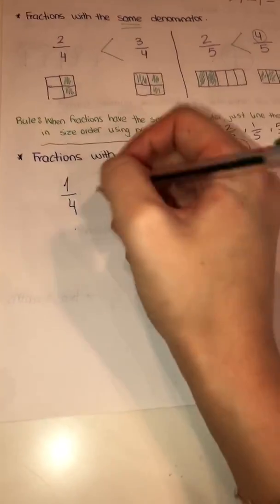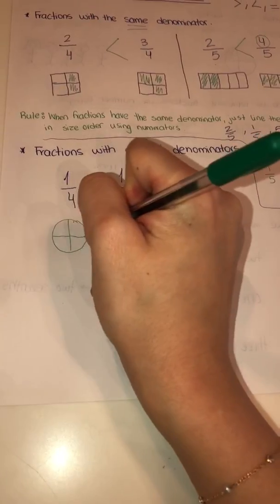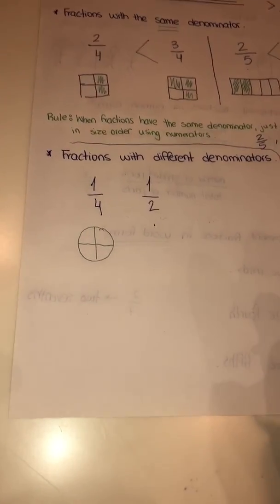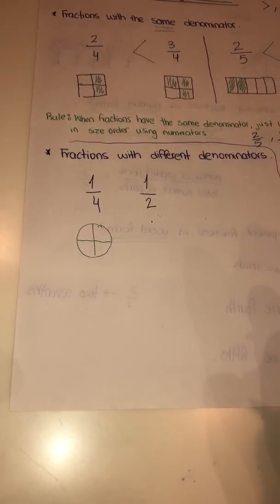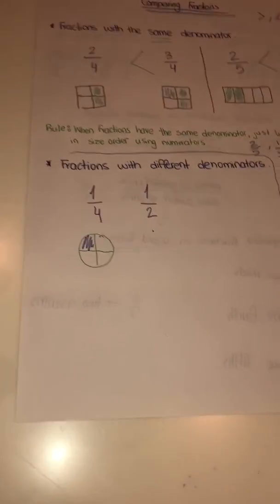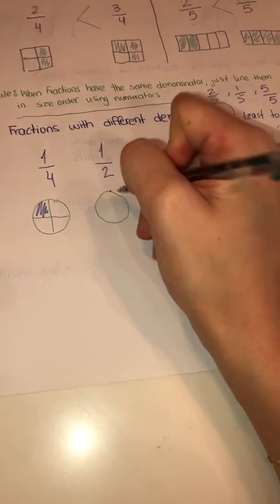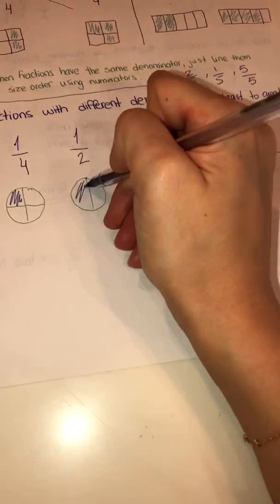So let's start by drawing the first fraction. I have 4 parts in total and I only shade 1. Now, for the second fraction, I have 2 parts in total and I shade 1.